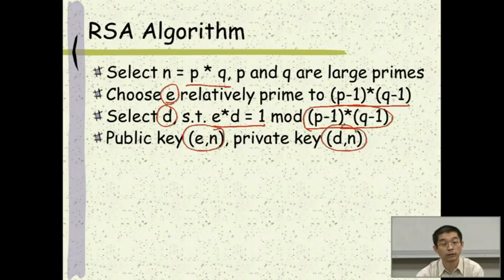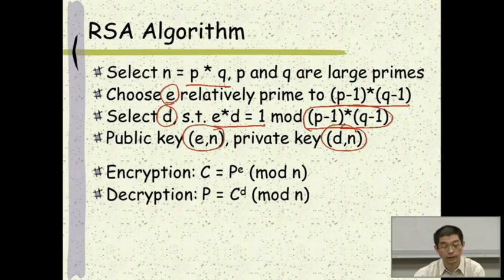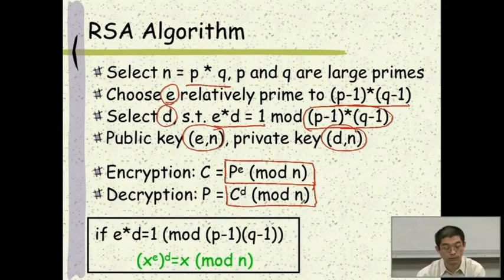With this public key and private key pair, we can do encryptions and decryptions. What you realize in this case is that the encryption function is a modular exponentiation, and the decryption function, again, is a modular exponentiation. Why does it work?